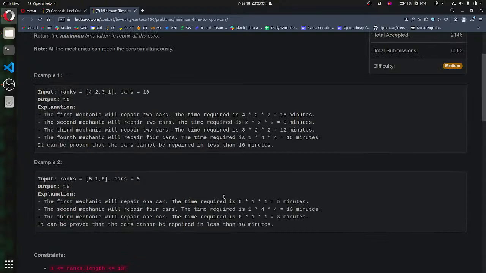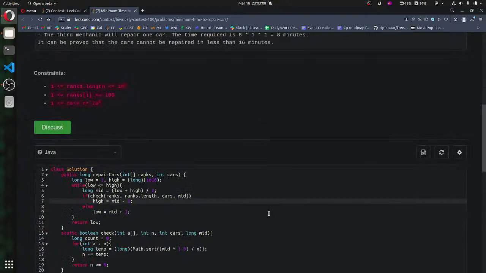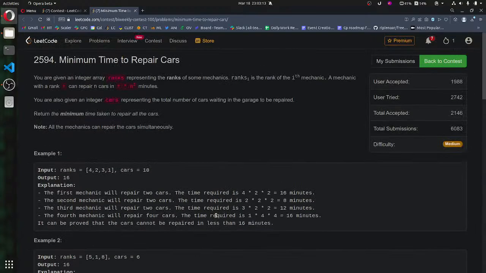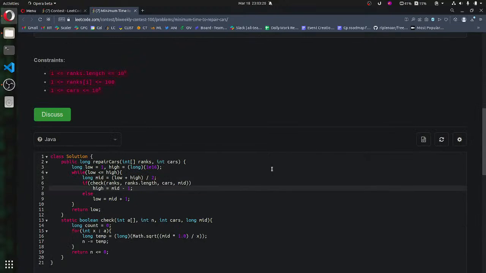Okay, so the first case is 4 2 3 1, and for check we must have returned a true from 12. Yeah, so let's say for 12 what would have happened. Say 12 divided by 4 is 3.